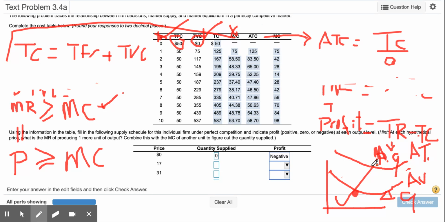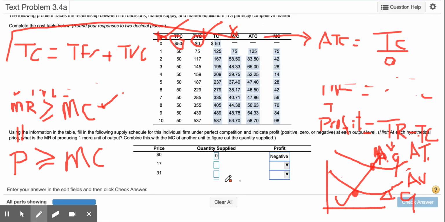Any price above this, profit would be positive. And in this case, the price is higher than the average total cost and average variable cost. Over here, any price in here is higher than the average variable, but below the average total.